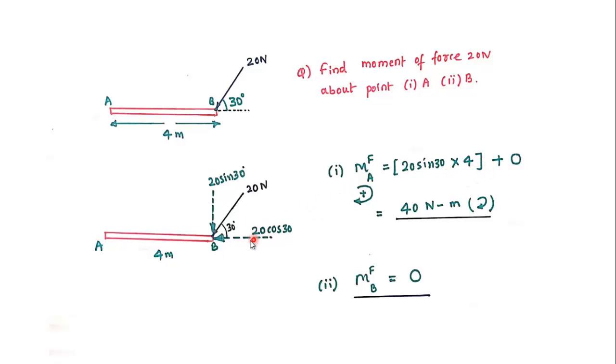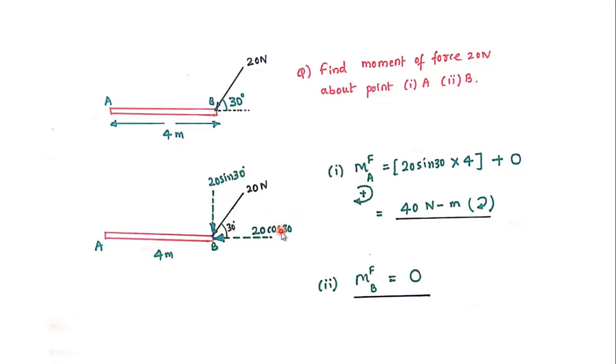This is very simple. Next, again we have to check, because the force has been split into two components, 20 cos 30. You see this force is coming in the horizontal direction, and if we extend this force, it will pass through the same point A about which we are supposed to take the moment. So the moment of this force with respect to point A will be 0, because though we have the magnitude, we don't have the perpendicular distance.